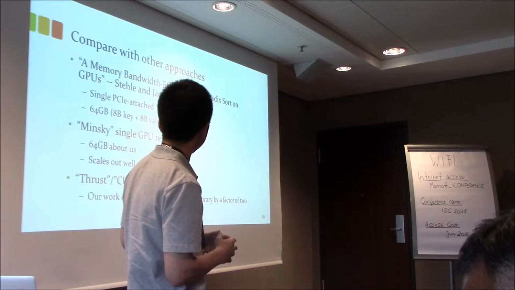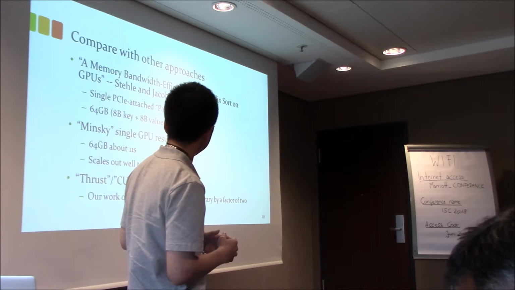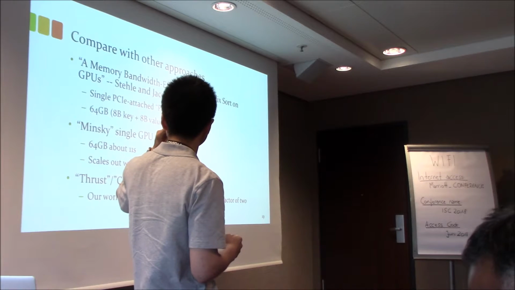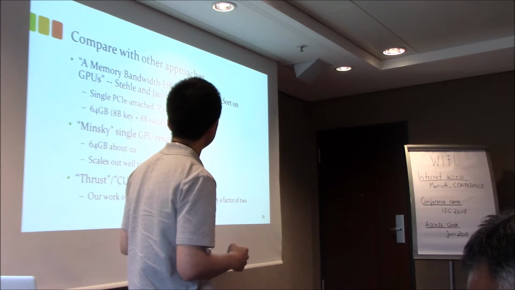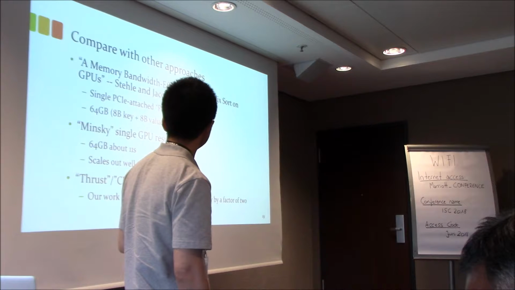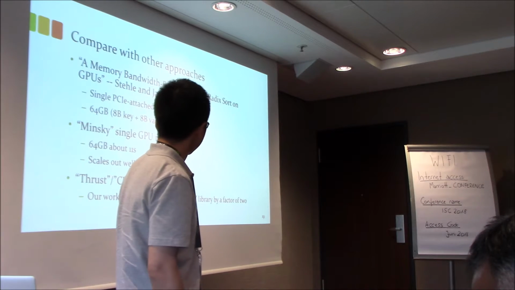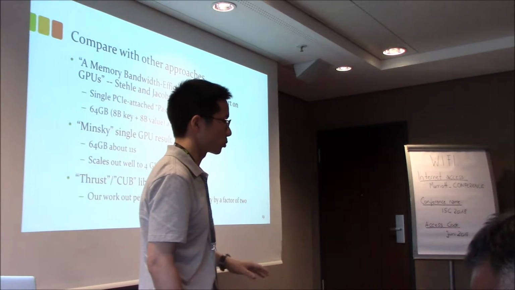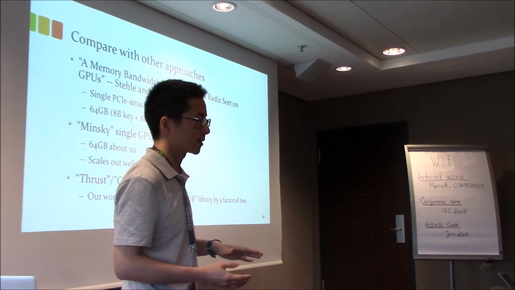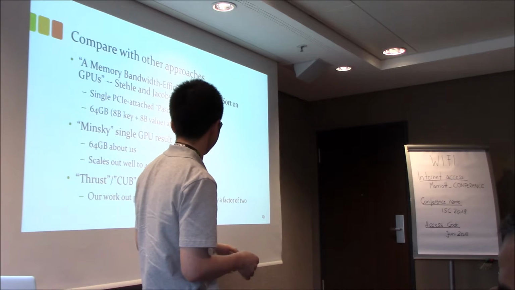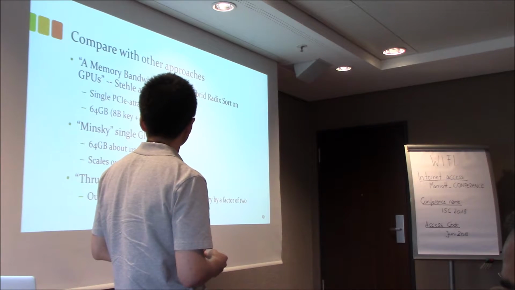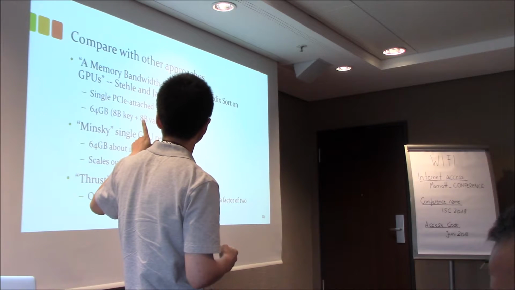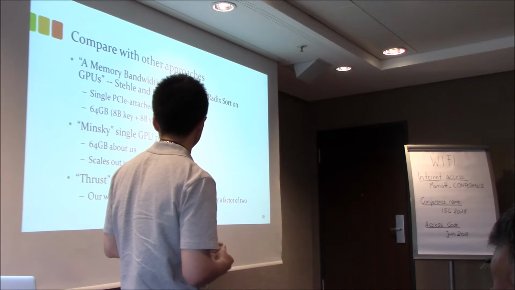On a single node, using a single GPU, they sorted 64 gigabytes in about 16 seconds, while we did the sort in about 11 seconds, and we have demonstrated that the algorithm can scale out to 4 GPUs without any problem. It is faster than their hybrid radix sort.